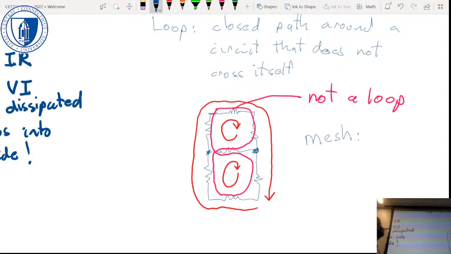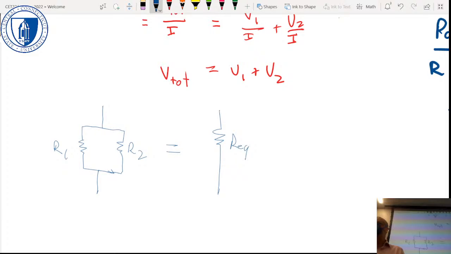And again, what we're interested in doing is converting, like we did with the series circuit. We want to convert two devices in series to a single equivalent. Now we want to convert two devices in parallel to a single equivalent.